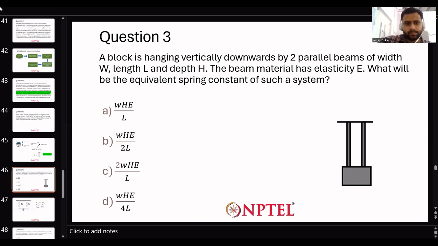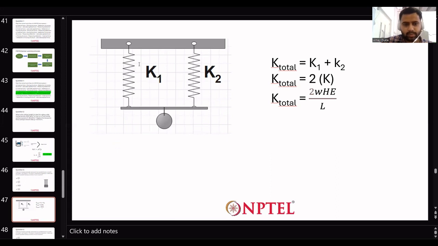So what do you think will be the answer? As we have learned earlier, we have to convert this entire setup into a spring mass system. Here is the spring mass system. We have converted both the beams into springs and the block into a mass.